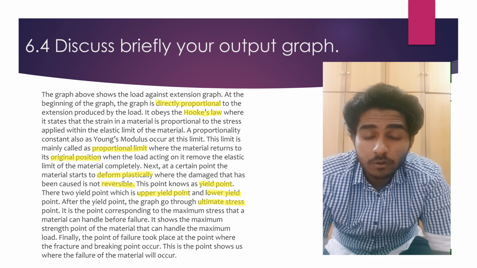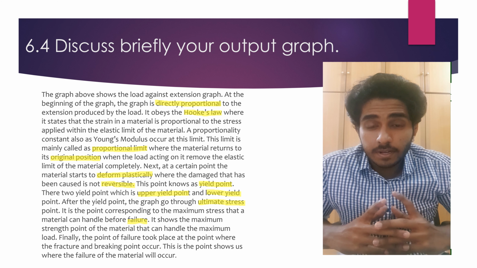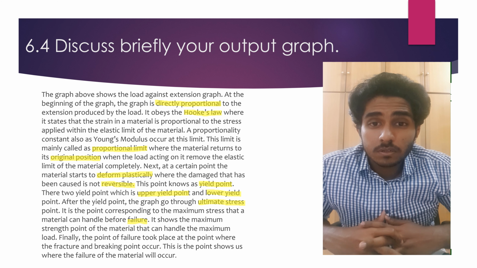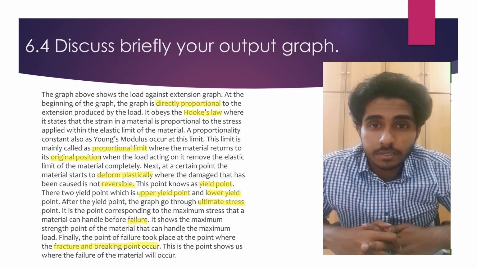It is the point corresponding to the maximum stress that can be handled by a material before failure. It shows the maximum strength point of the material that can be handled by the maximum load. Finally, the point of failure takes place at the point of the fracture and the breaking point occurs. This shows us where the failure of the material will occur.